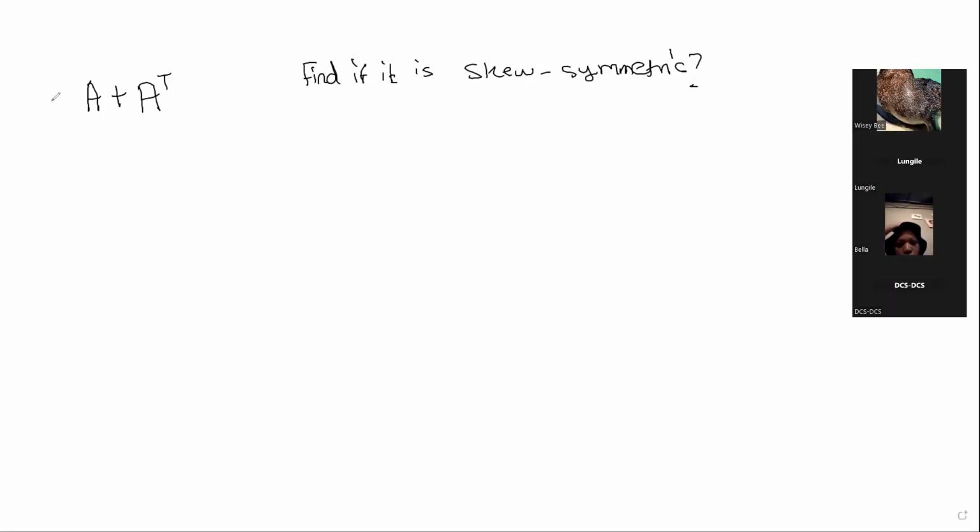So we did the first one, and then we did find that it was skew symmetric, right?